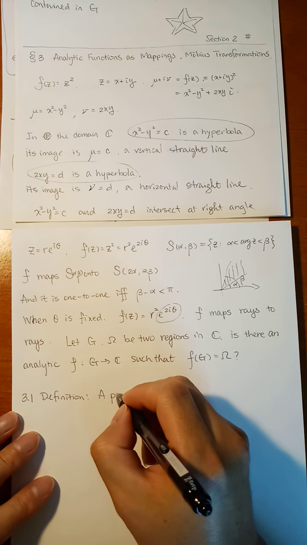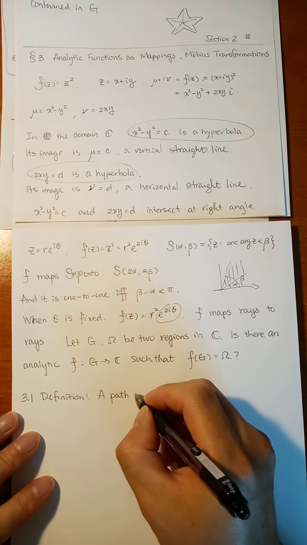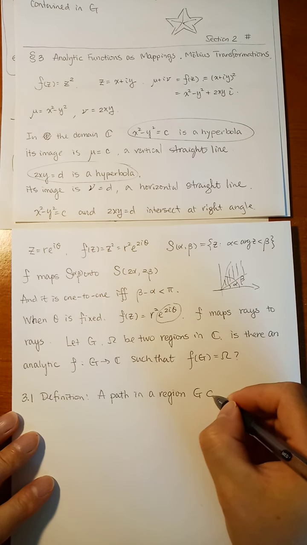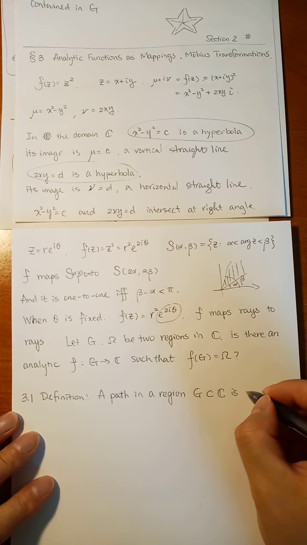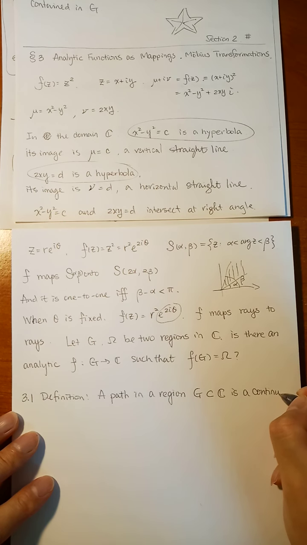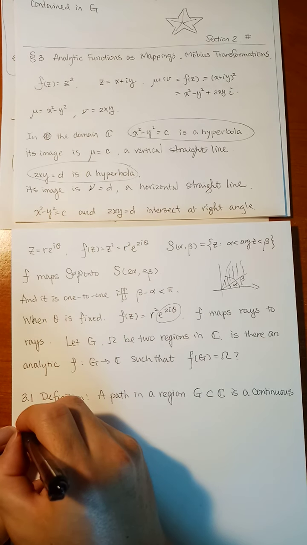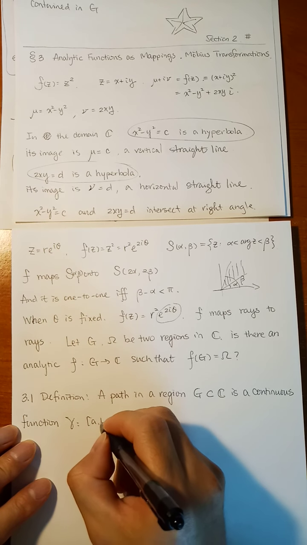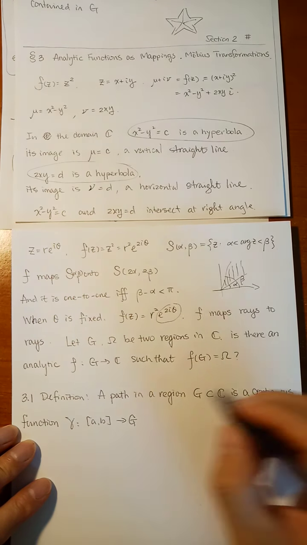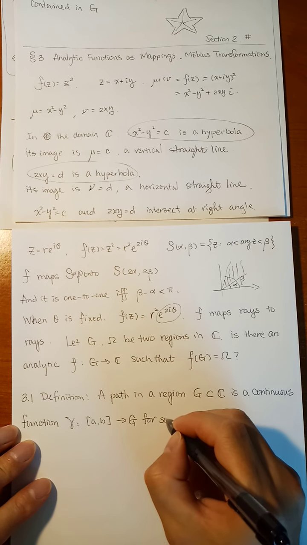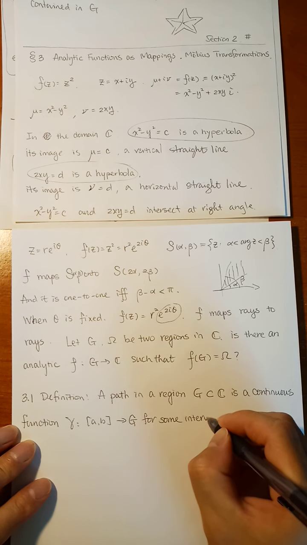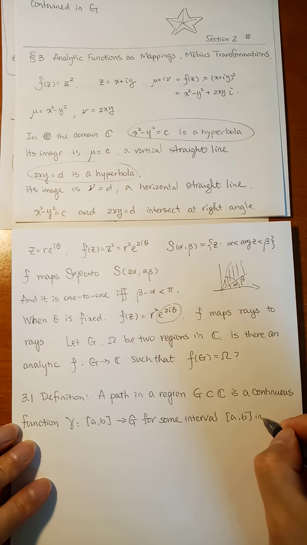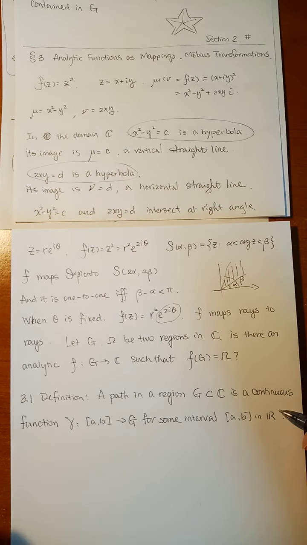Definition: a path in a region G in C is a continuous function gamma from [a, b] to G for some interval [a, b] in R. So this is an abstract path.